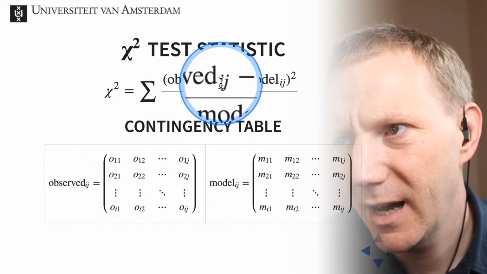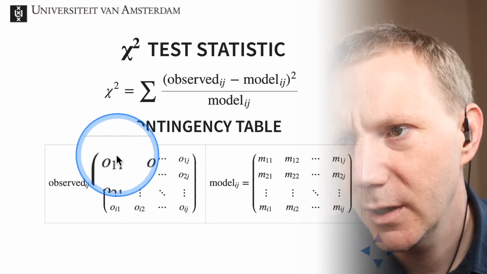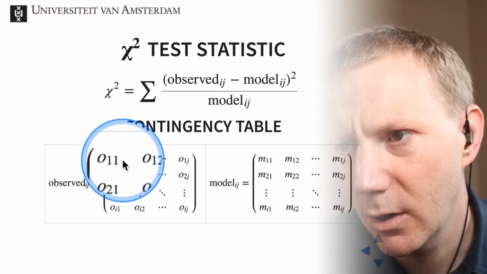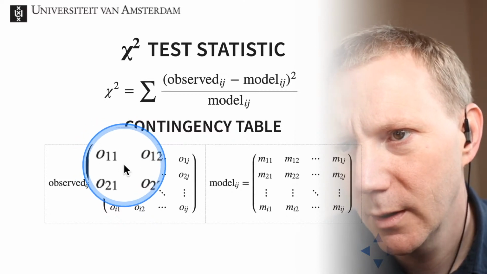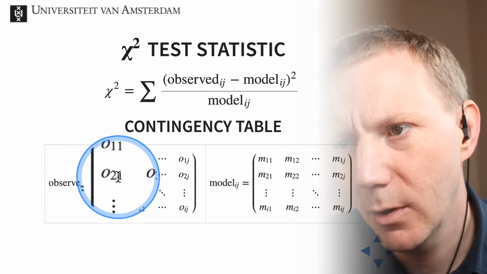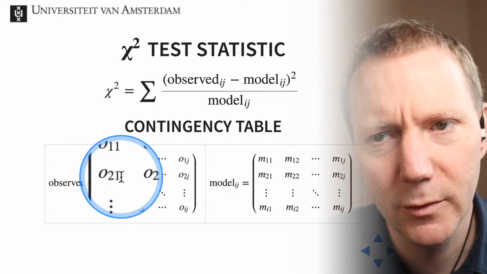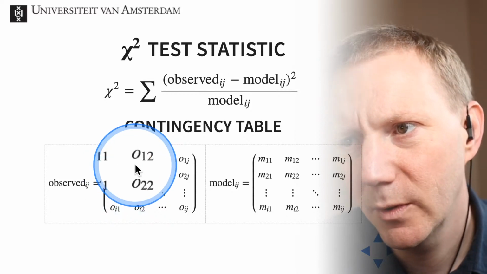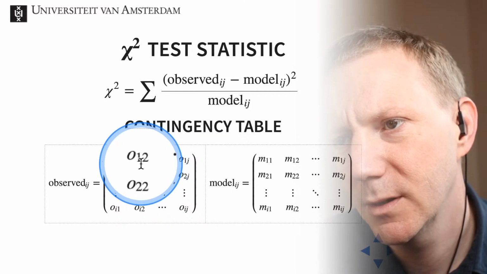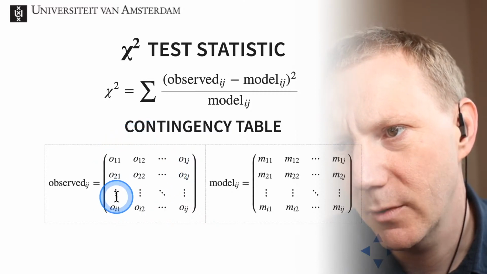So this ij refers in this first cell to the first row and the first column. This one refers to the second row, but we're still in the first column. And this one refers to the first row, but the second column, etc.